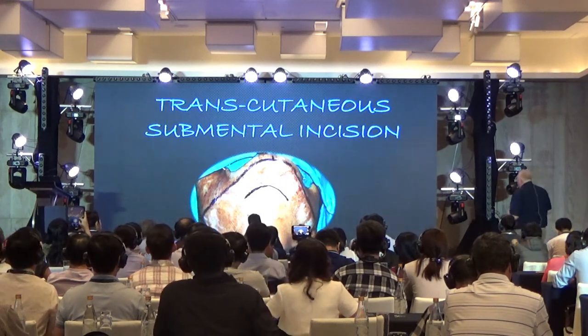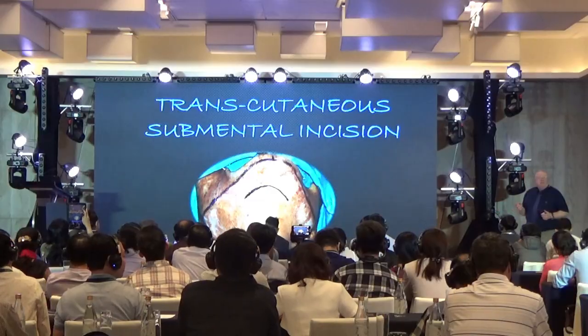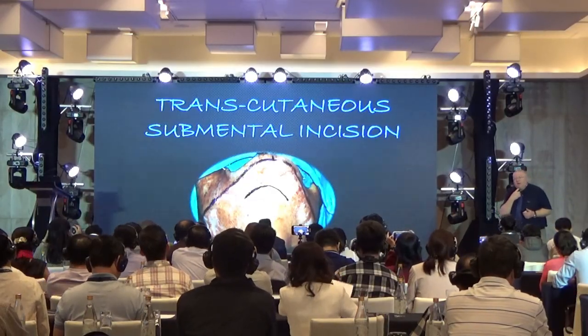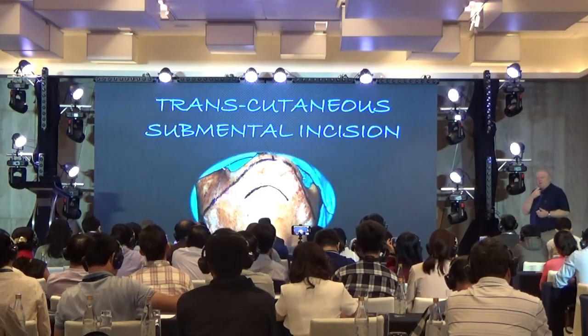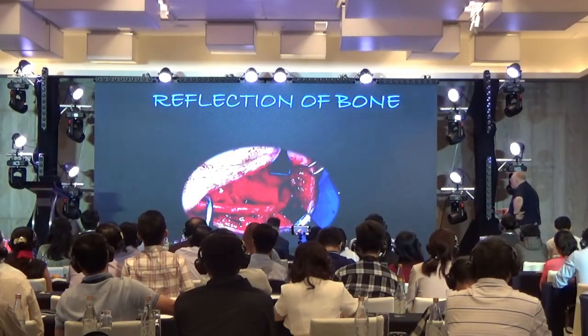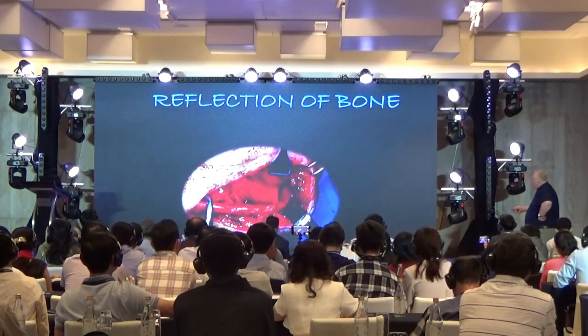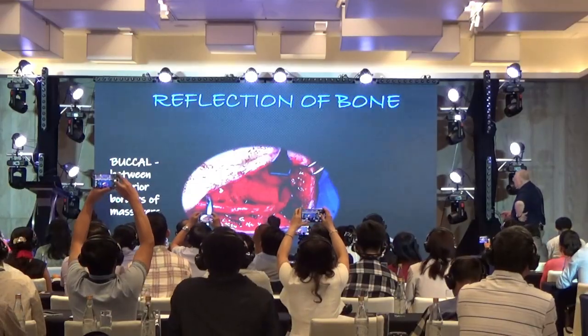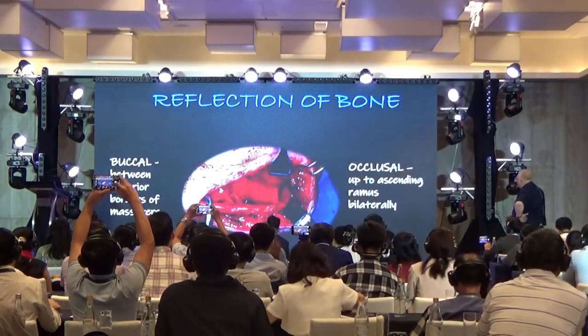So, the concept of Marx was, instead of going intraorally, let's go extraorally with the submental approach. And then you can open the flap bilaterally to the border of the masseter.